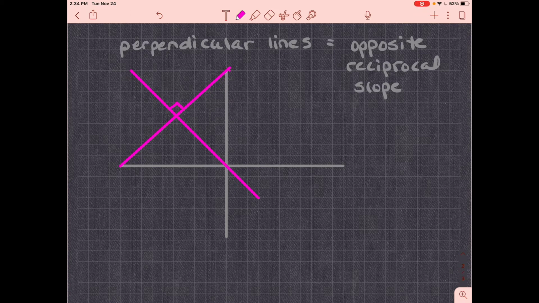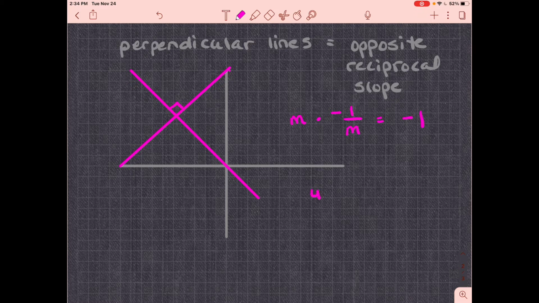So lines that perfectly cross like that, they make a perfect X, they make 90-degree angles, have opposite reciprocal slope. Also, if I multiply them together, the slope of the first one times the slope of the next one, which is going to be negative 1 over whatever that is, I will always get -1. Let me give you an example.